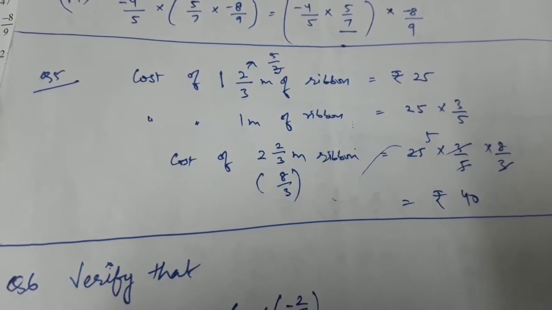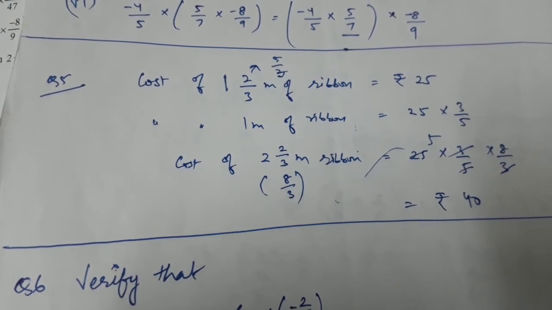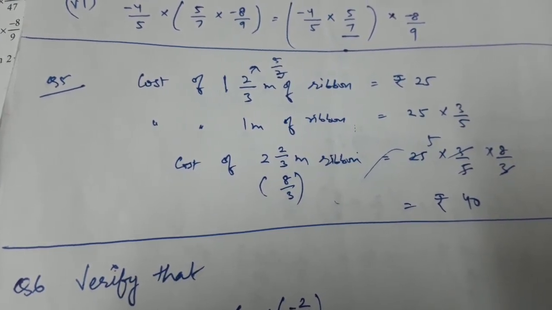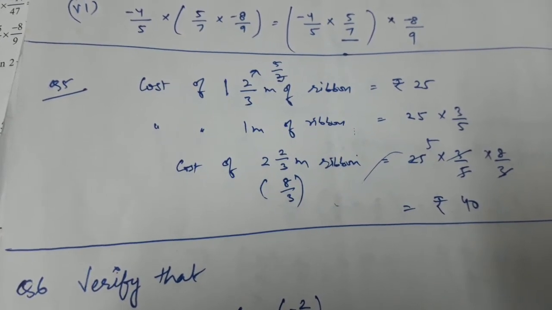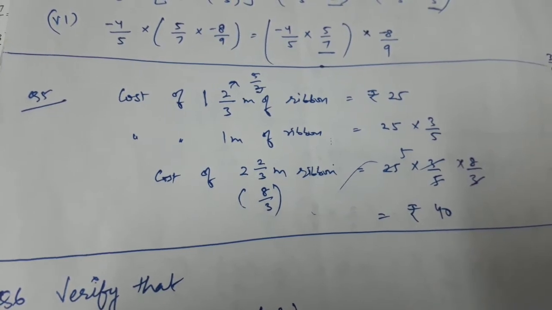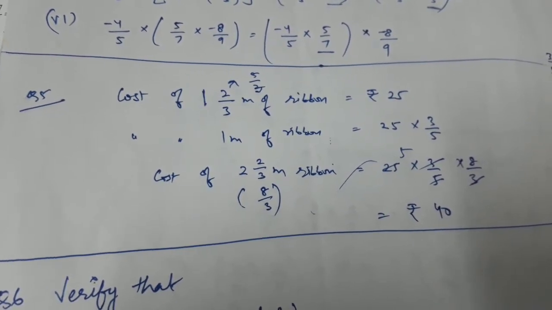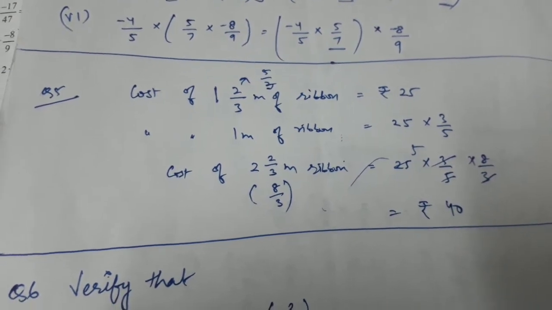Then we will find out 1 meter of length equal to 25 into 3 by 5. Then we will find out the cost of 2 whole 2 by 3 meters of ribbon, that is 8 by 3. So 25 into 3 by 5 into 8 by 3, after cancellation we will get rupees 40.